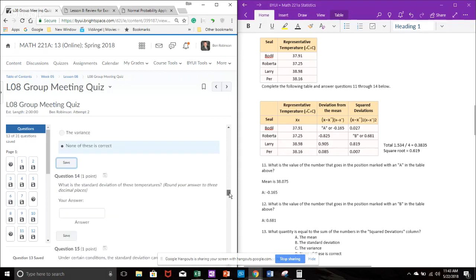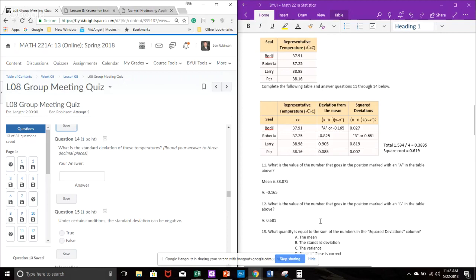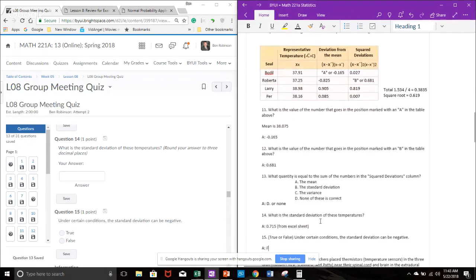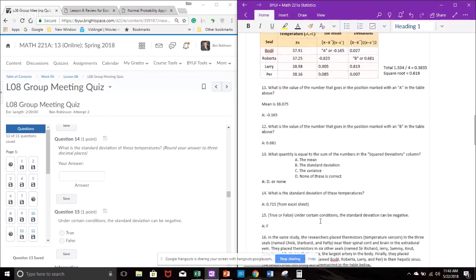Following, what is the standard deviation of these temperatures? I got 0.715, because I did the formula and got a number that is the standard deviation of these temperatures.